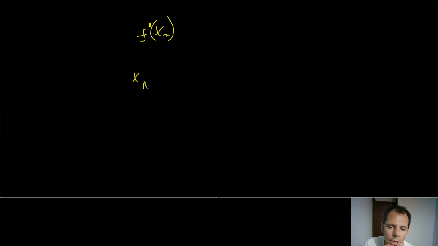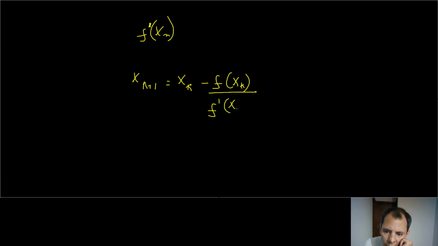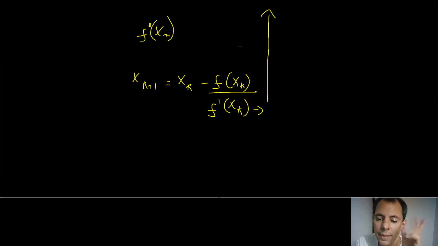Because x sub k plus 1 equals x sub k minus f of x sub k divided by the first derivative of x sub k. So if this is 0, or if it approaches 0, this thing right here is going to go through the roof, okay? And then what are you going to have?